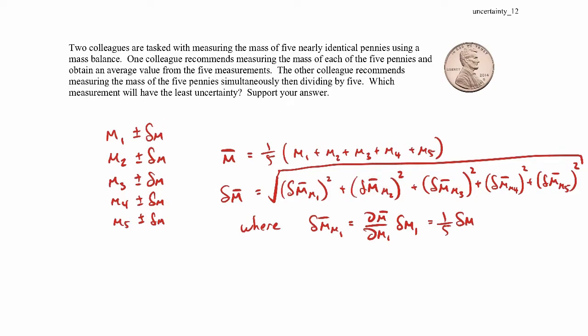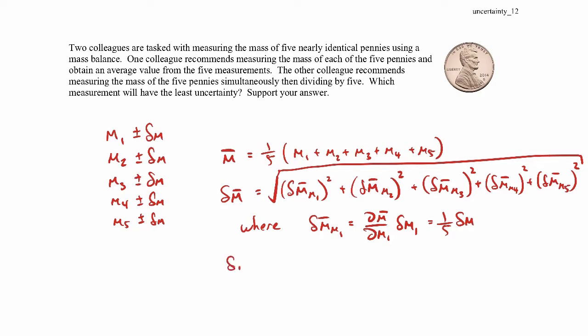Because if I did this same calculation for M2, then I'd have dM bar divided by dM2. It's still also going to be 1/5. And then the absolute uncertainty in the second mass measurement will still be delta M. So they'll all look exactly the same.